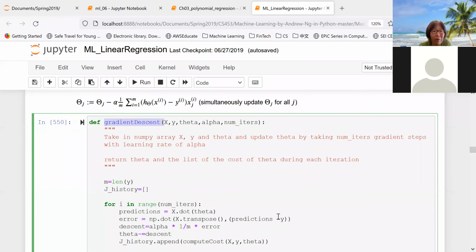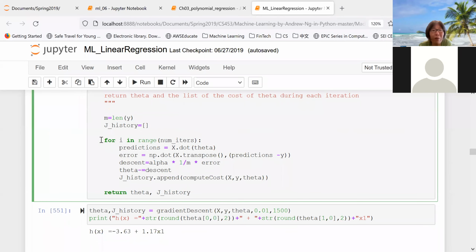Because it's gradient descent, it involves a number of iterations. But from this raw implementation of gradient descent, you can also collect the learning rate and the cost history, okay. This cost history is based on the number of iterations.